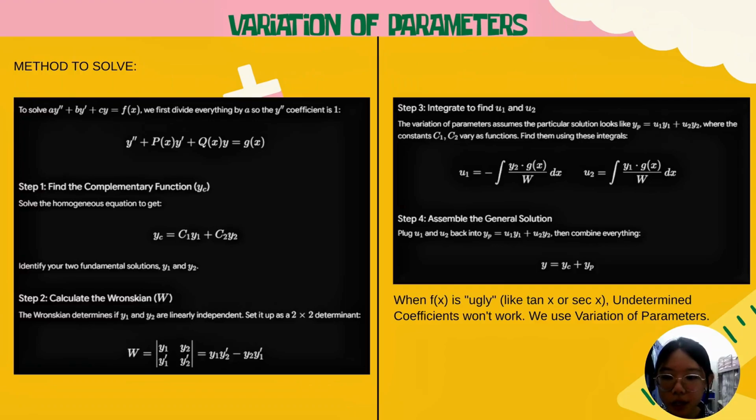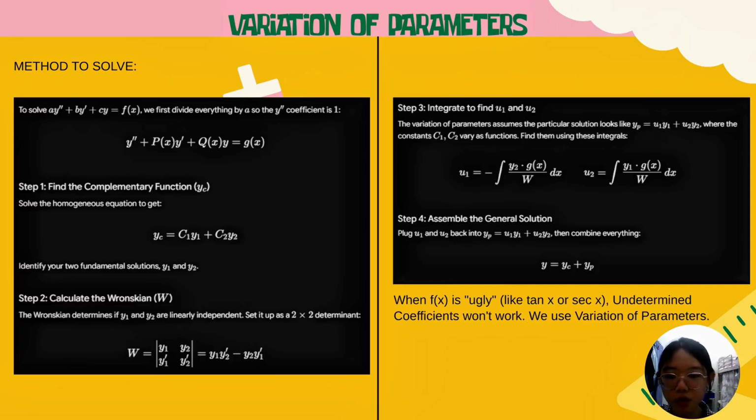Step 3, integrate to find u1 and u2. The variation of parameters assumes the particular solution looks like the particular integral equals u1y1 plus u2y2, where the constants c1 and c2 vary as functions. Find them using this integral as shown in the slides. You can see that. Then step 4, assemble the general solution.